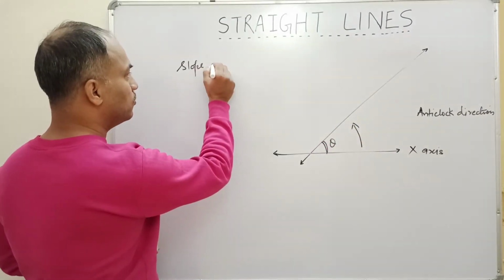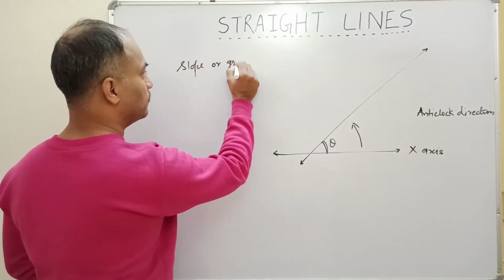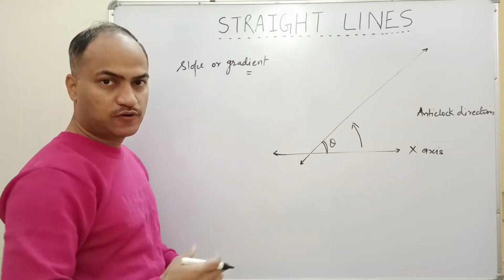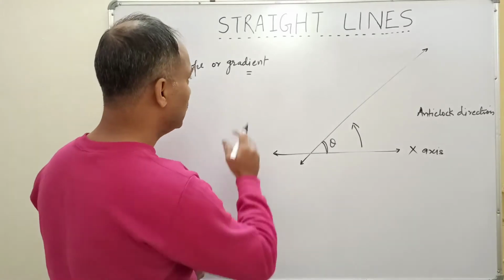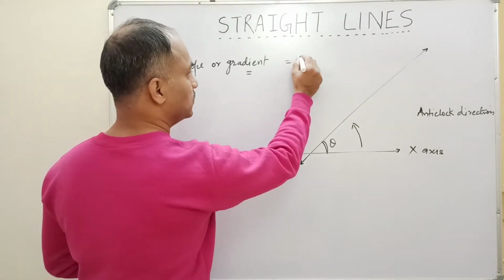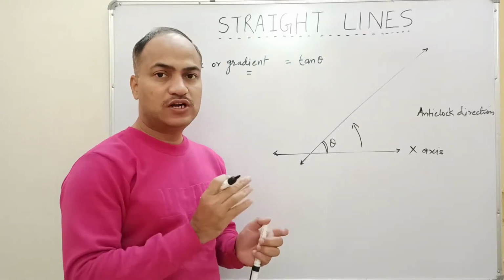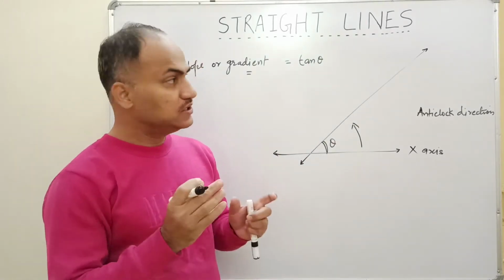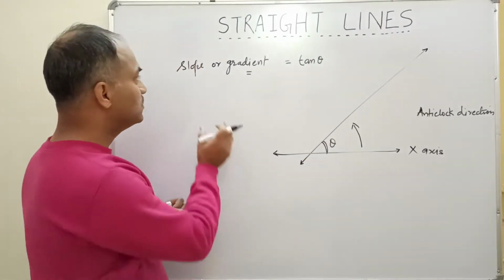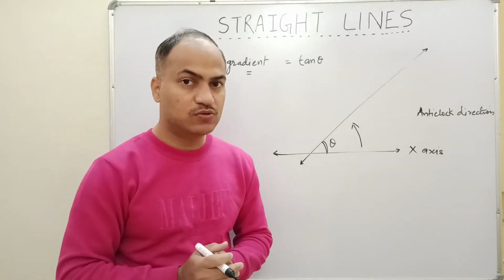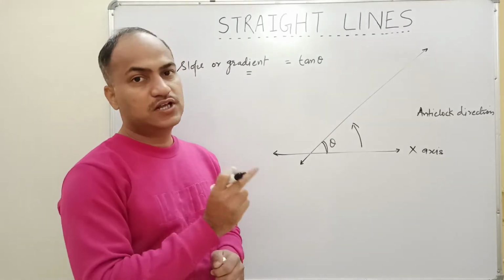The slope or the gradient, ठीक है? This is one more name of this. Slope or gradient is equal to tan of theta. It means t ratio अगर tan लेते हैं तब जो वैल्यू निकलती है, this value is slope of this straight line. अब किस तरह से वैल्यू होती है, क्यों होती है, let us study that.